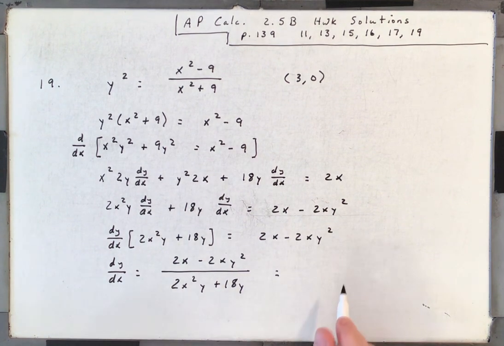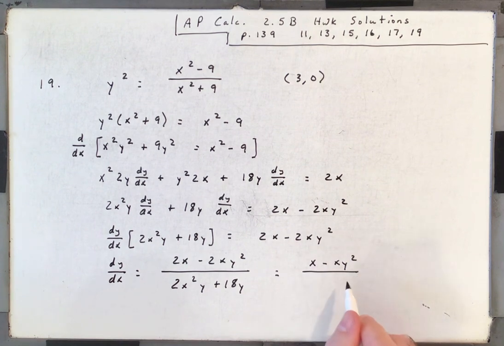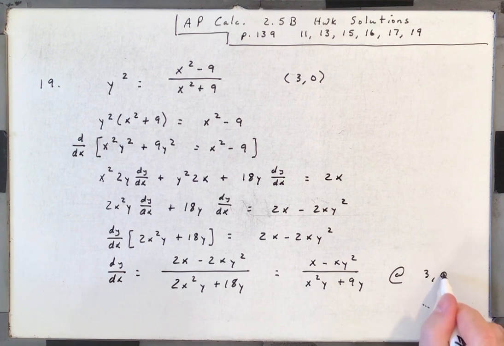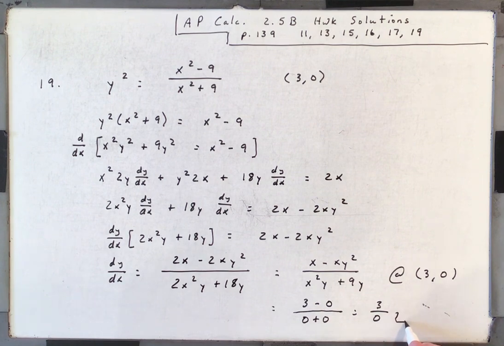We could actually factor out a 2 out of all terms, and you'd have (x minus xy squared) over (x squared y plus 9y). And then at (3, 0), I would have 3 minus 0, because the y term is 0, over 0 plus 0. That's 3 over 0. So the answer is undefined.